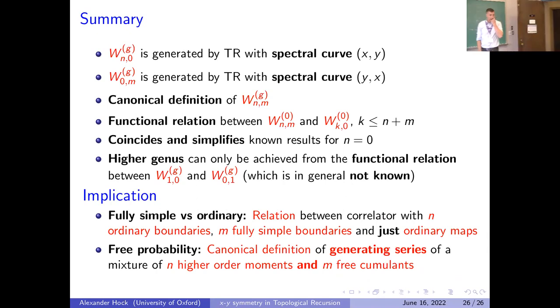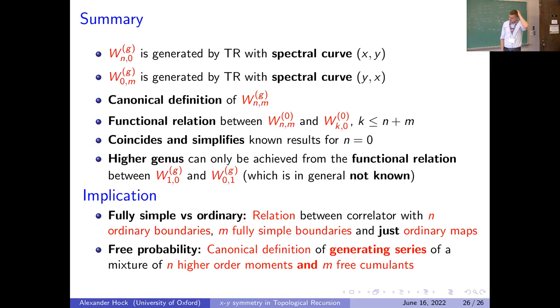Questions or comments? Yeah, please. So at the lowest level, there's that formula. Is that somehow your spectral curve? There's got to be a spectral curve, right? You mean for the Gaussian unitary ensemble?